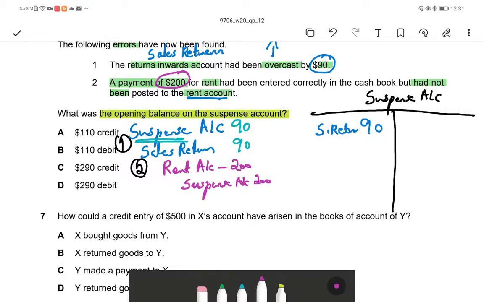So the suspense account is credited with 200, rent 200. So what will be the opening balance?